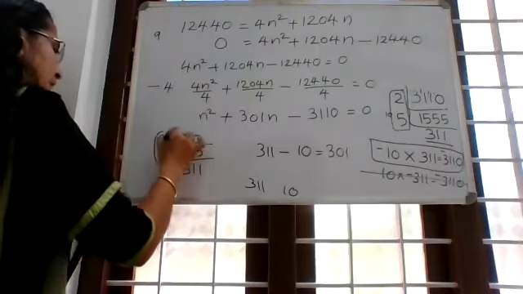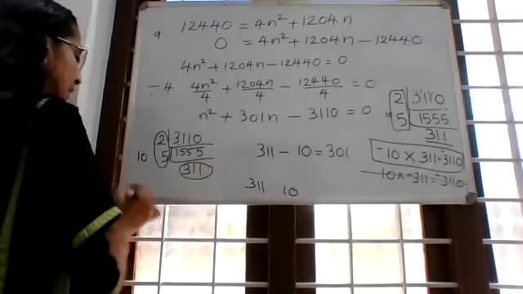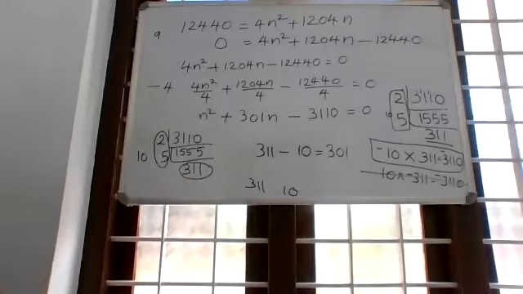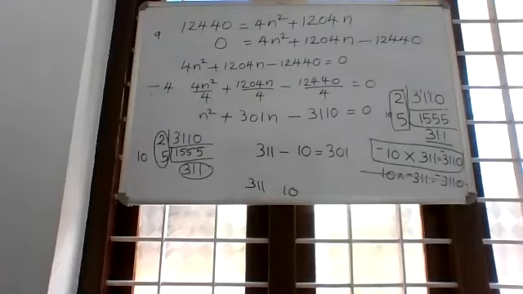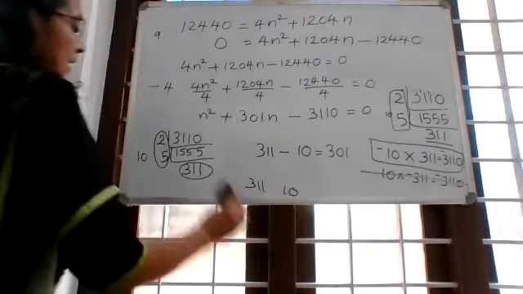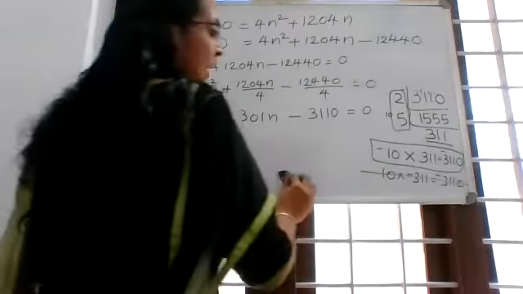So multiply 5 into 2, that is 10. Then 311. Therefore, the two numbers are 10 and 311. These are things you write in the working order.